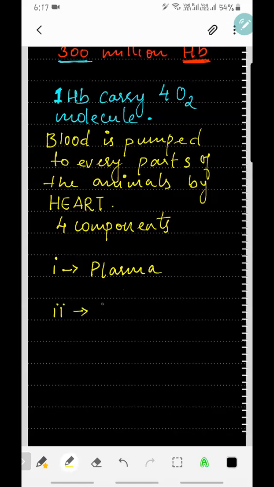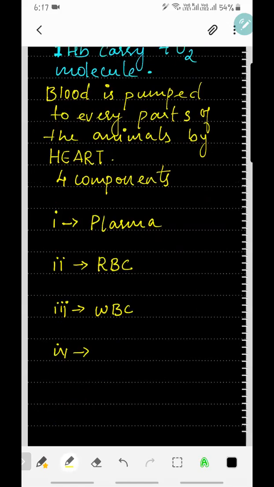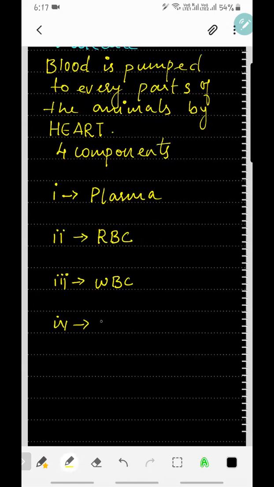We come under chordata. Then RBC, WBC, and the fourth one is platelets. So these are the four components: plasma, RBC, WBC, and platelets.